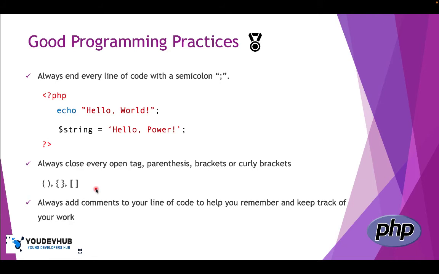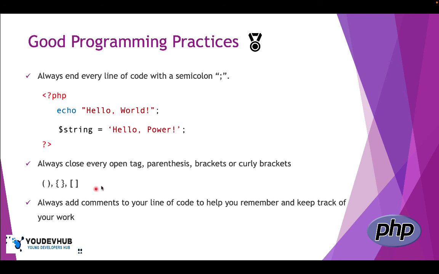Okay, in the previous courses, we have talked about PHP. We've gone through echo, displaying your PHP output using echo and print. We've talked about commenting. We've also talked about variables and the scopes of a variable. Now, what about some good programming practice? These are things that could save you from a lot of stress later on. The first one is always remember that each line of code must end with a semicolon as long as the code is complete.